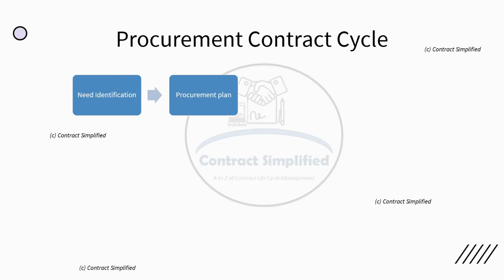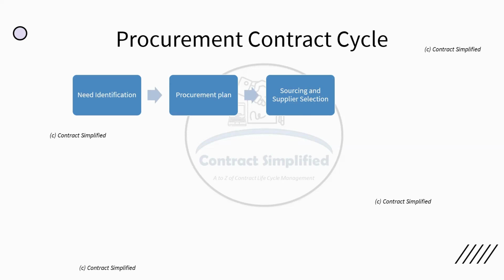It is an elaborate process in itself, and it has to be done very carefully so that it goes hand in hand with all other departments, like finance. The need that you have identified should match with the available budget, the milestone, the project, and so many other parameters.